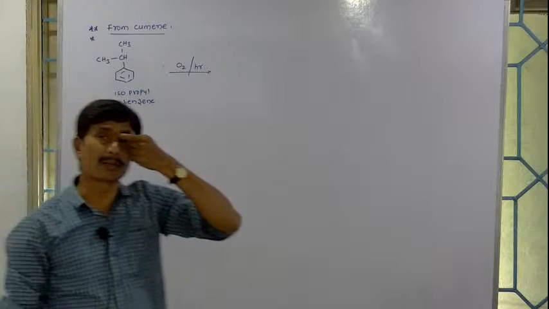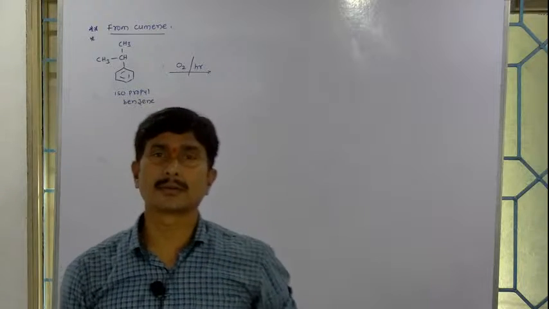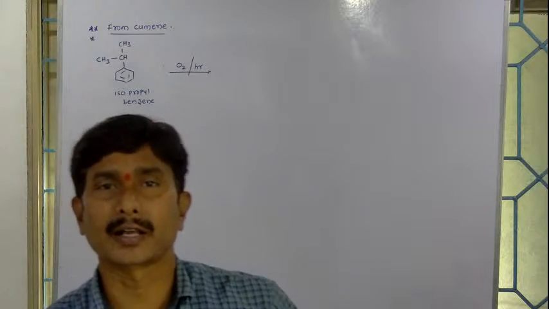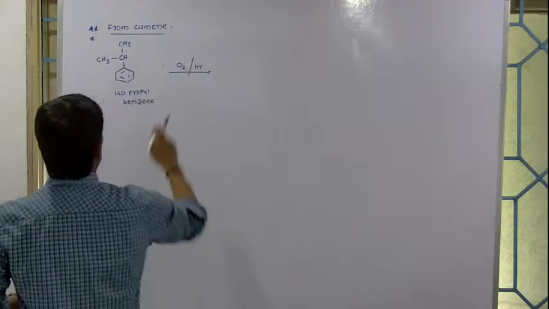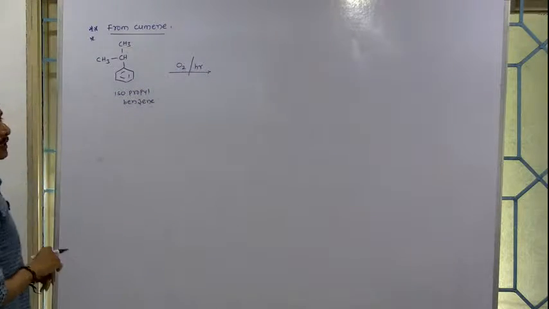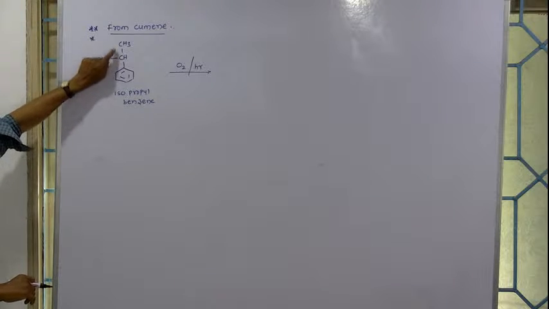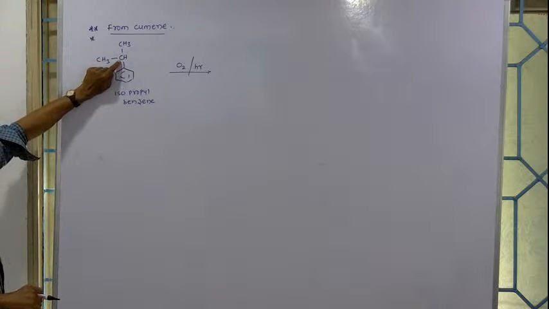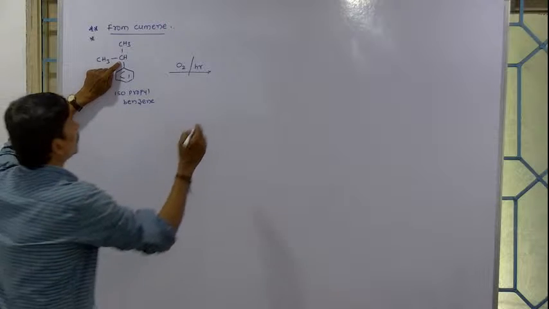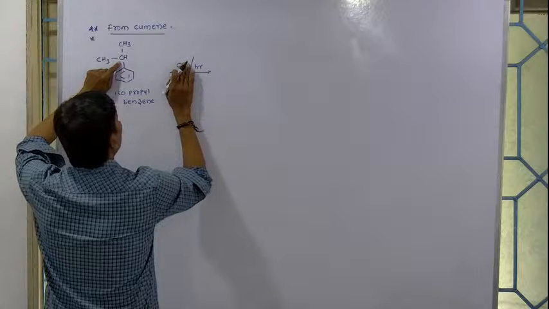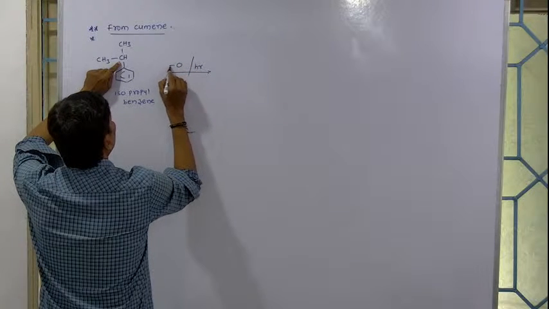Generally, any reaction taking place in presence of sunlight proceeds by the free radical mechanism, right? So, among these three, the addition of the oxygen free radical goes to the carbon which is more reactive, right?